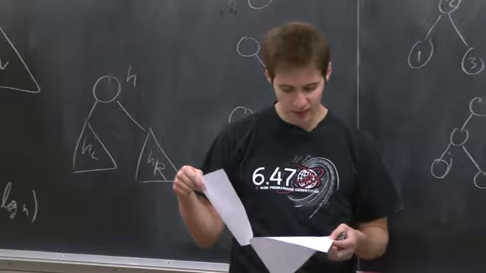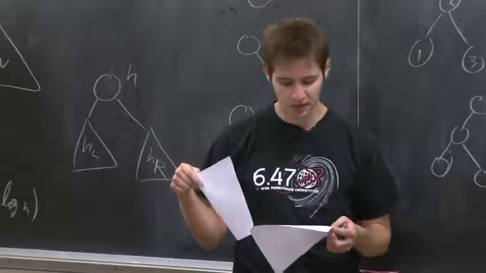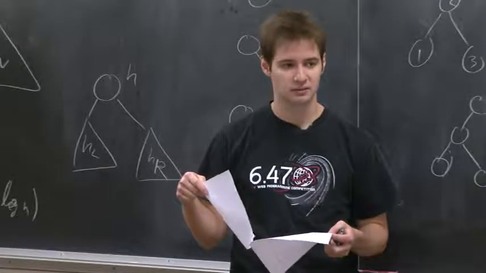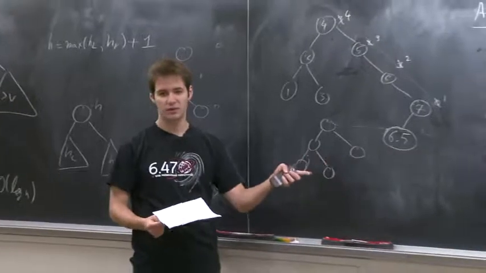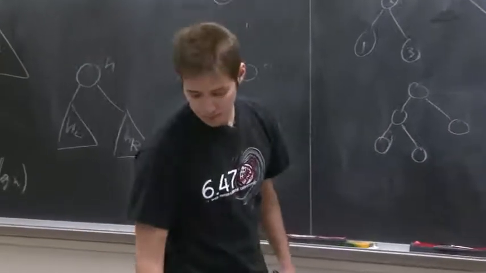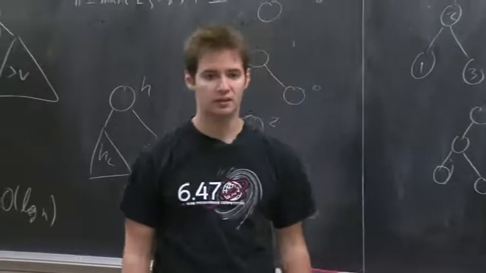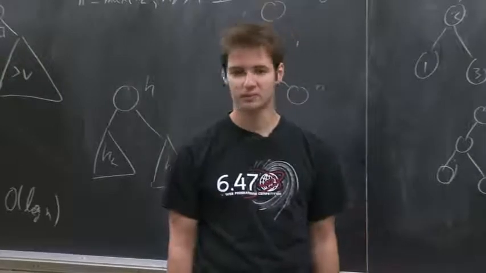The first thing rebalance does, inside its while loop, is update the height. This is why: the height might have changed after the insert, so any decision based on the old height is bad. That's why we have that there. Makes sense so far?